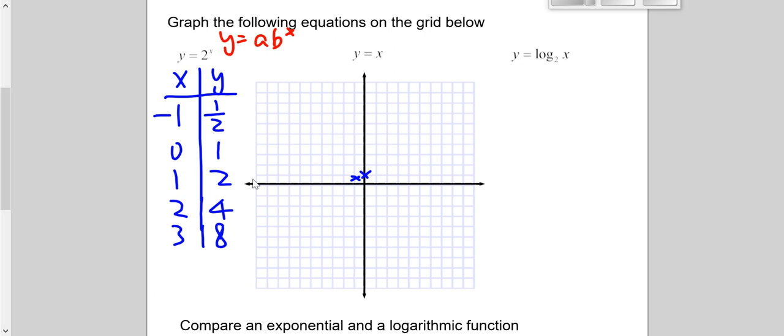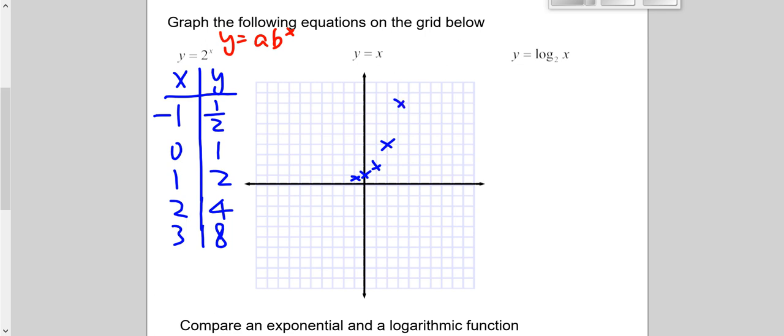Next point, 1 and 2, right here. And then 2 and 4. I hope this is a review for you with regard to what an exponential function looks like. 3 and 8.